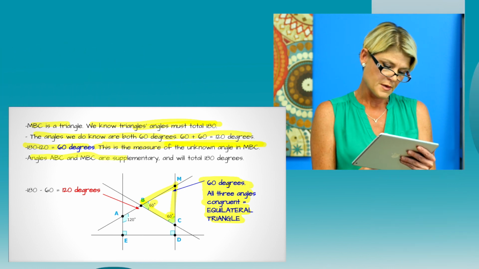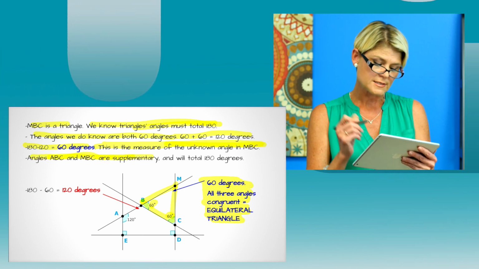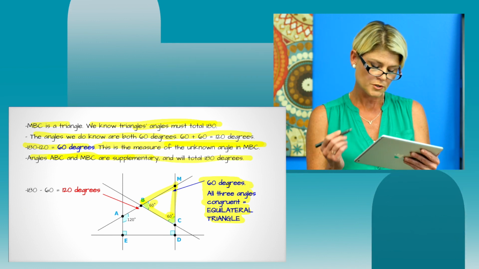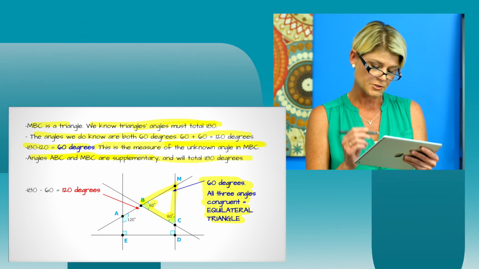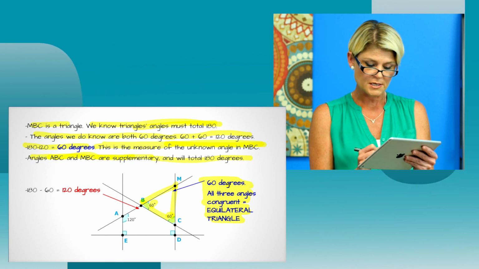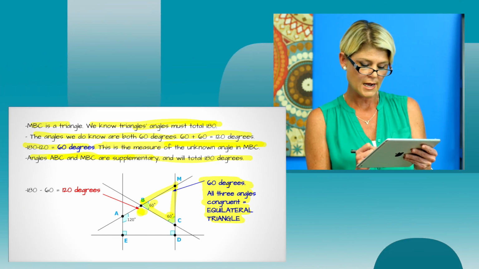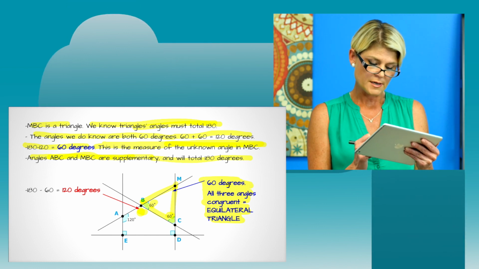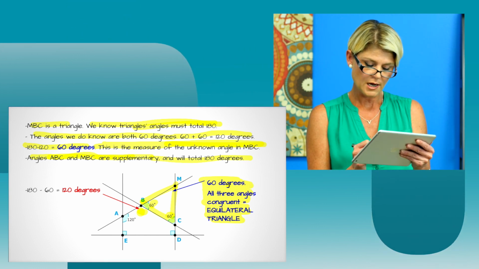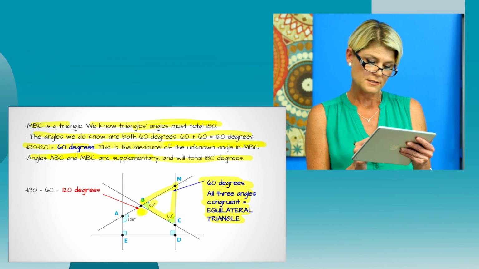Now angles ABC and MBC are supplementary and will total 180 degrees. So what that tells me is if I want to know what this measurement is here, this top of the little house in figure ABCDE, it is supplementary.